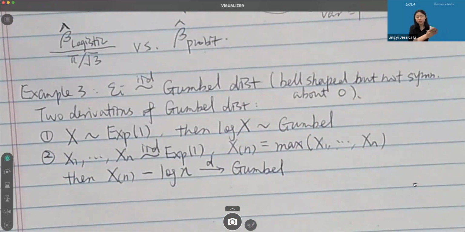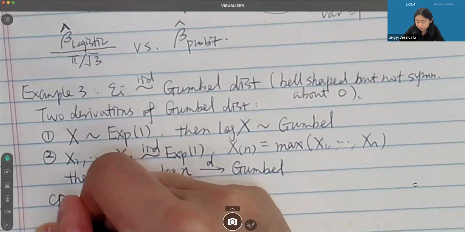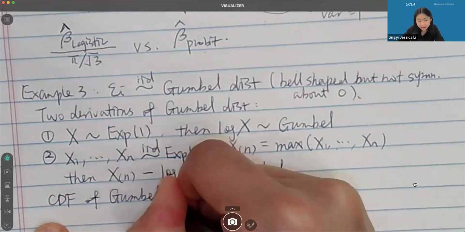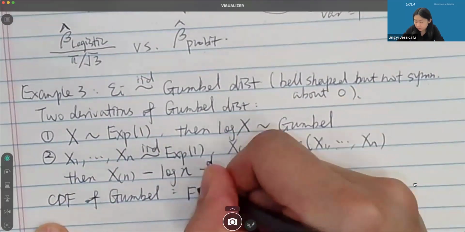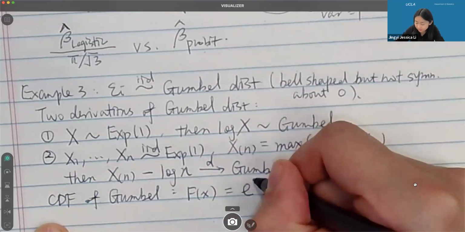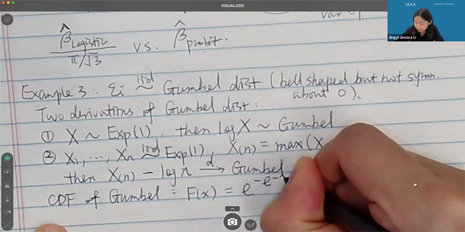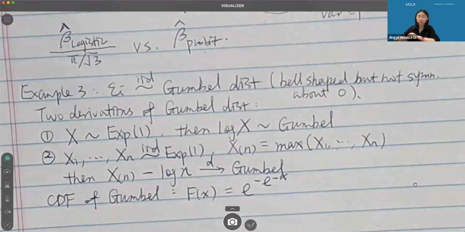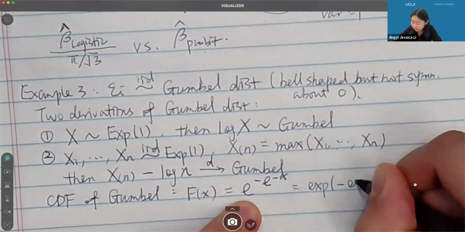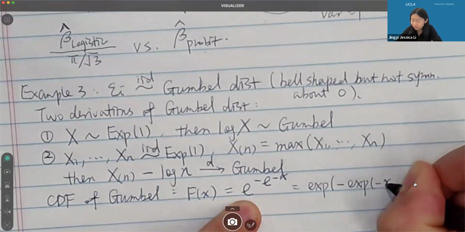If we want to assume that the error terms follow that, then we can have the CDF of Gumbel as F(x) being exponential of negative exponential of negative x, so two exponentials.